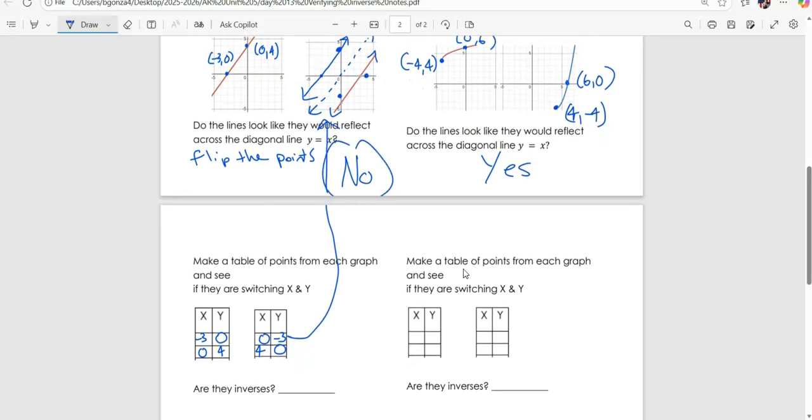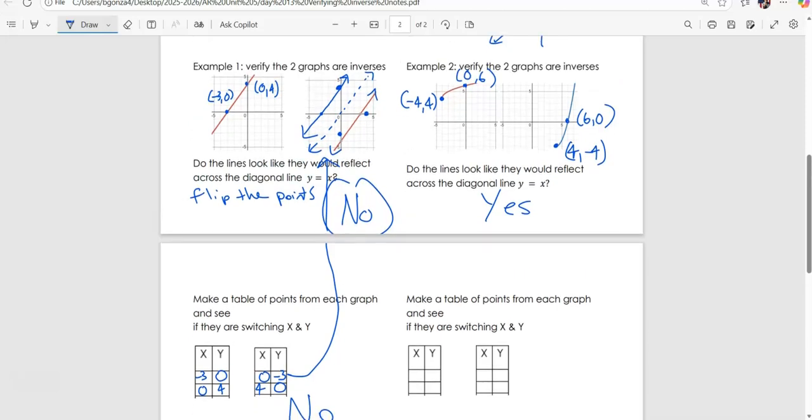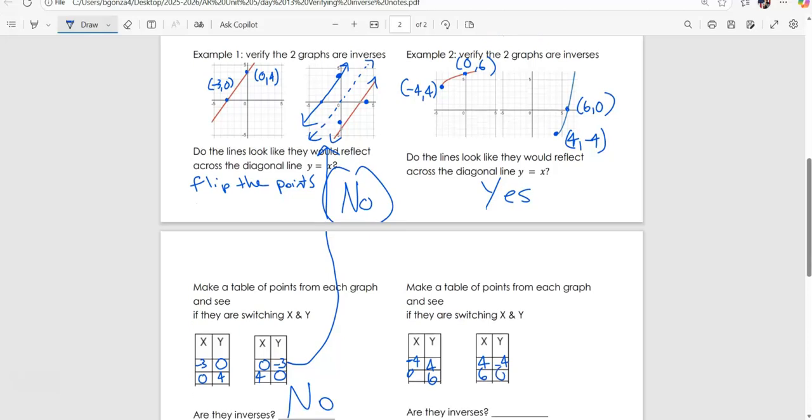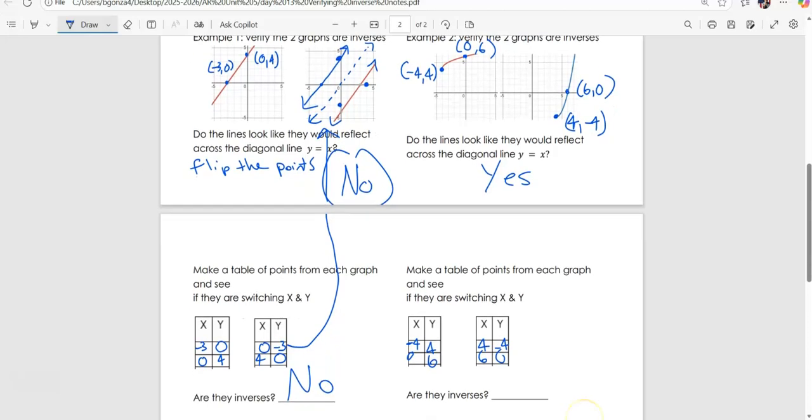That's a no, so put no. I know I didn't make this, but it's across 2 different pages. That's kind of crazy. -4, 4, 0, 6. 4, -4, 6, 0. We said that does match. So it's a yes.